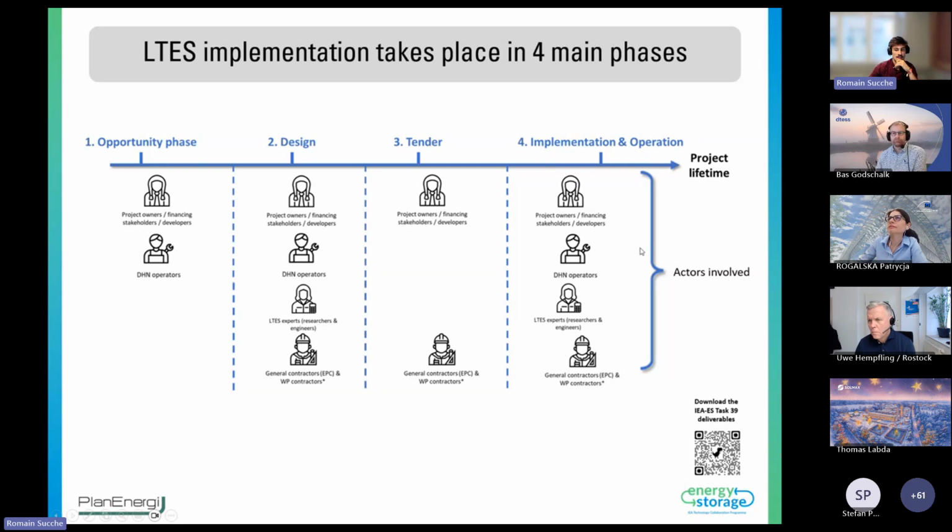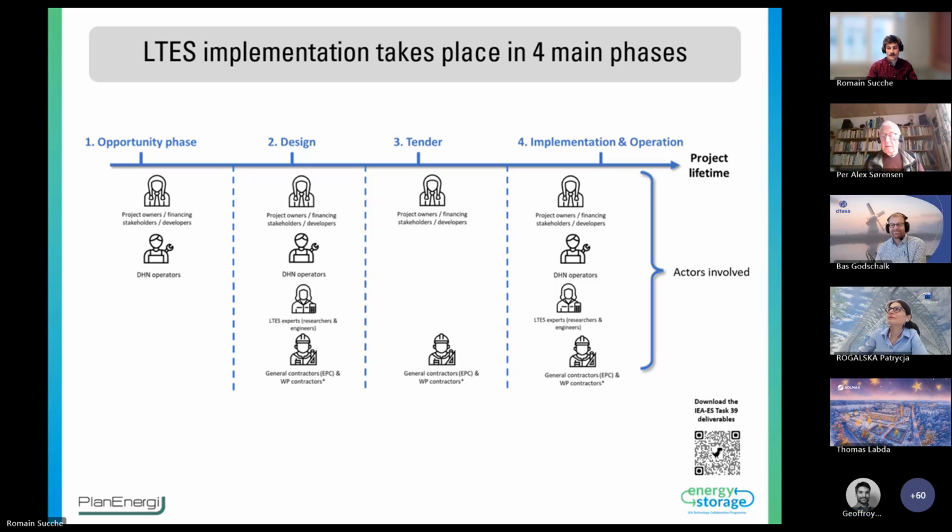Geoffroy, do you have a comment on that? Maybe. I think some other experts would be even more relevant. Alex, maybe, if he's online. Yeah, I can try to answer. If the district heating company is the owner of the storage, then they will operate the storage.